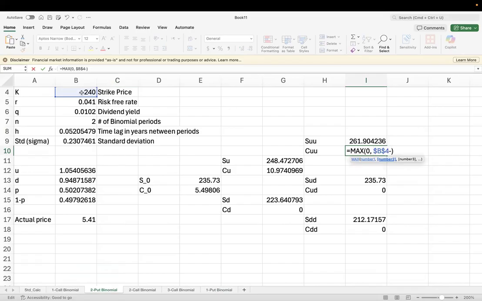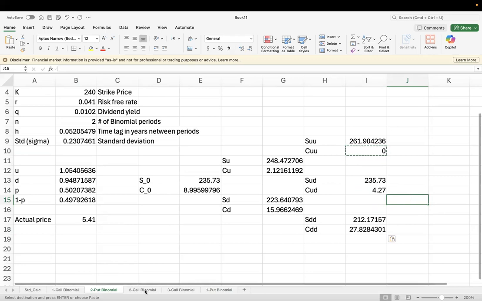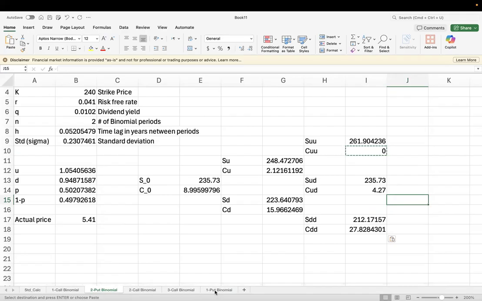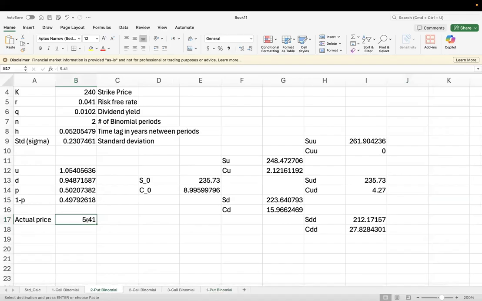Minus this. Yes, so put, when price goes down, we make more profits. And good, based on that, we could calculate all of this. And copy the price here. We got almost 9 and it's $9.53.